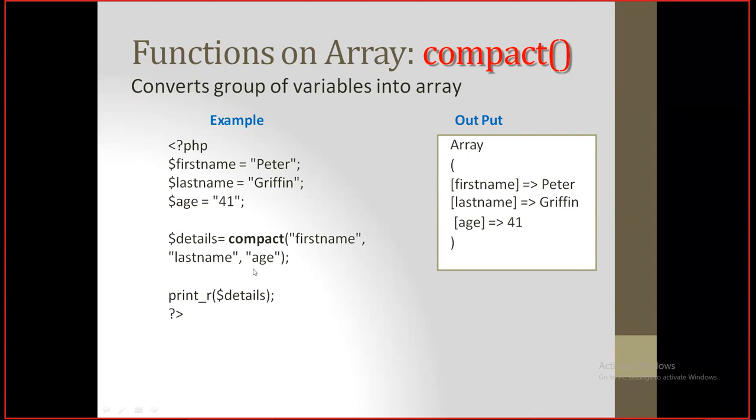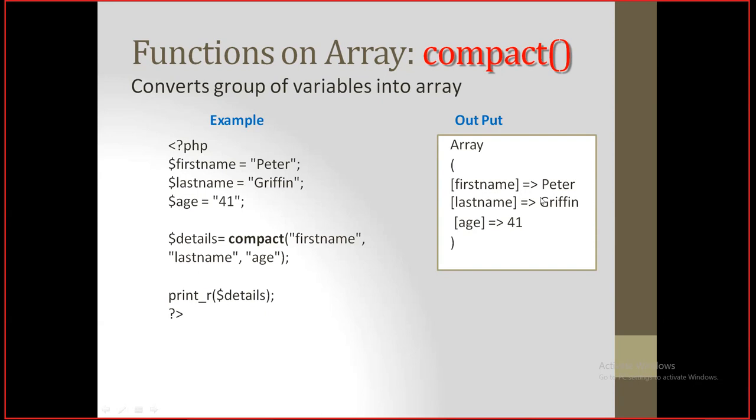When we use the compact function and provide these variable names as arguments, first name, last name and age, it creates an array with the values Peter, Griffin and 41, for the keys first name, last name and age. Remember that it will not be a normal array, but a named key array whose keys are the variable names that we provide to the compact function.